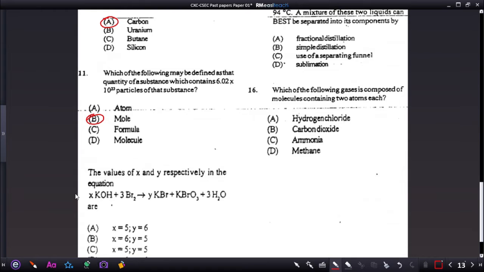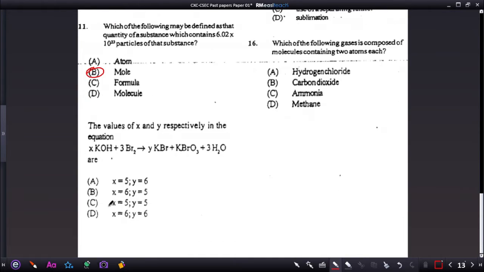Question 12. The values of X and Y respectively in the equation are... Alright, so let us start with what we know. There are 3 oxygen plus another 3 oxygens, so there are 6 oxygens on this side.